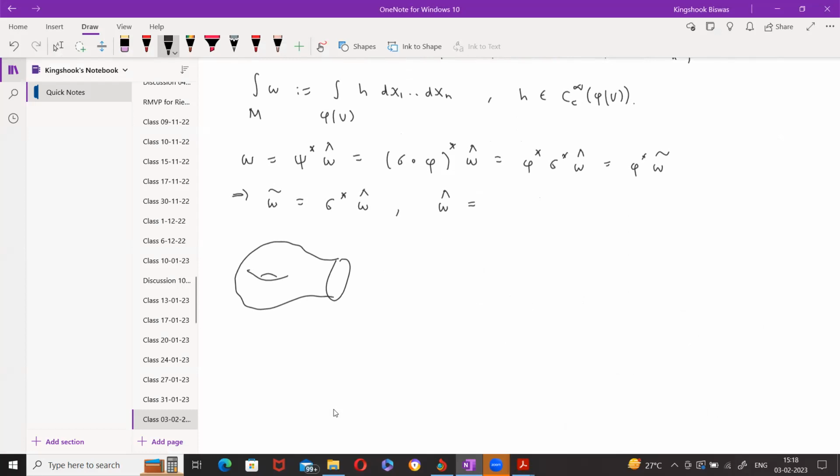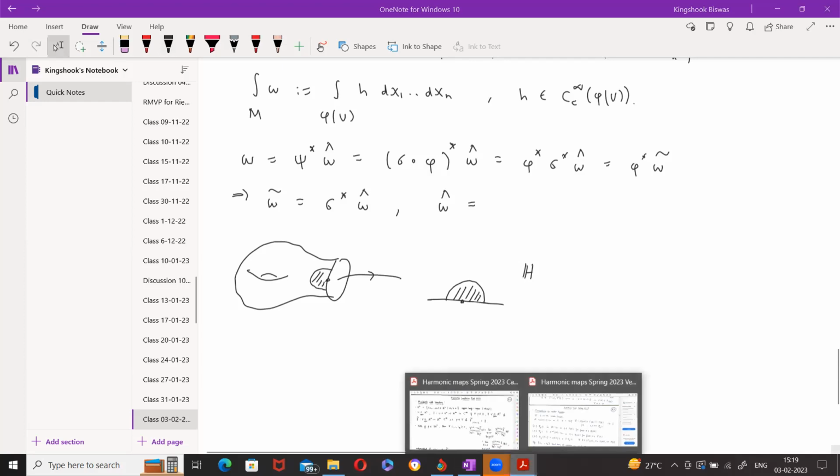That means at these points, you have a neighborhood which is homeomorphic to a neighborhood of a point on the boundary of the upper half space, say the upper half space in R2. So this is the local model for boundary points.